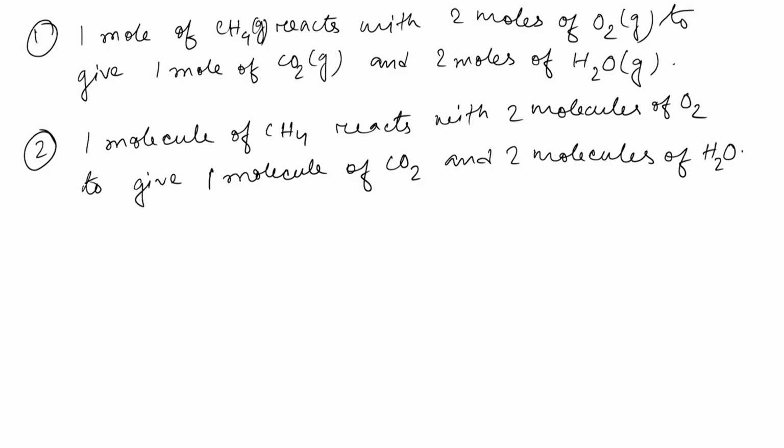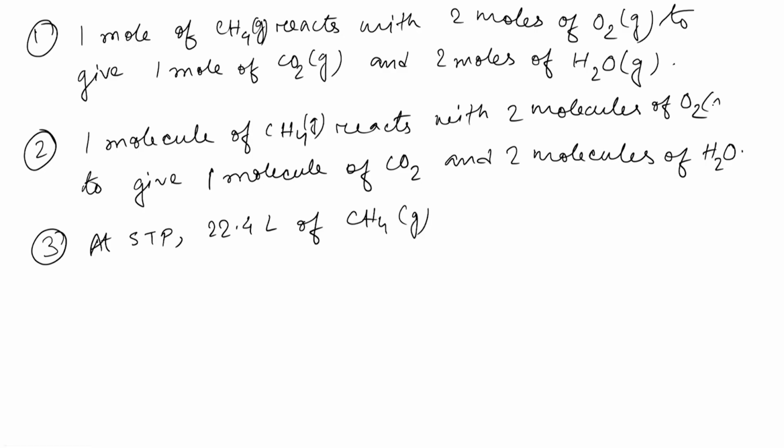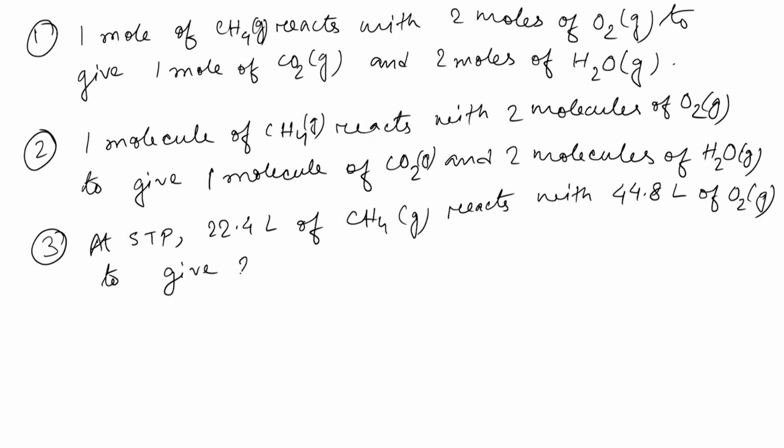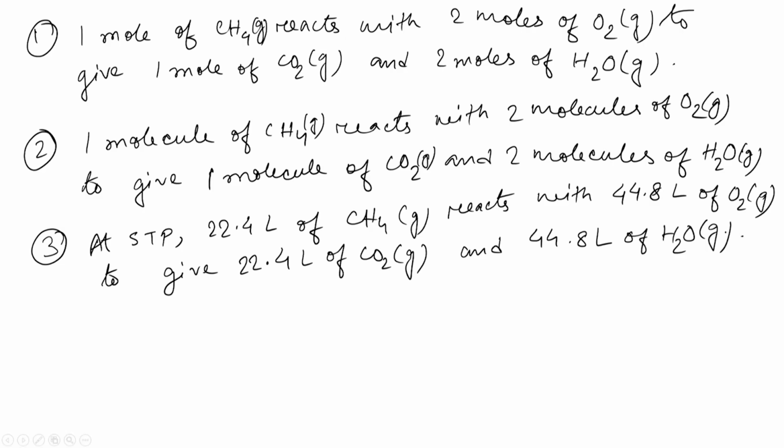Similarly, we can write that at STP, 22.4 liters of methane, these are all gases, reacts with 44.8 liters of oxygen to give 22.4 liters of carbon dioxide and 44.8 liters of water. So, this is how stoichiometry helps us.